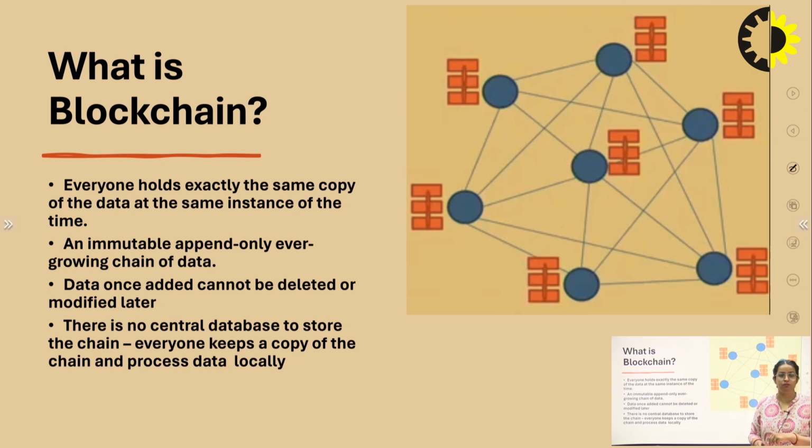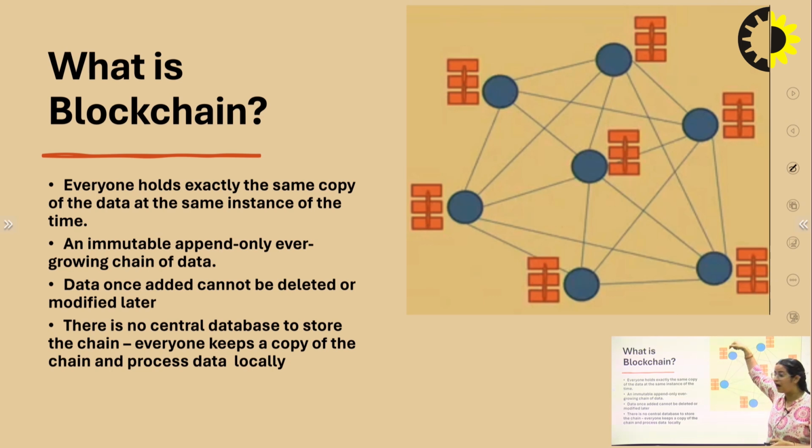Mutable means you can easily change the data. And if data were mutable, anyone could change the data, anyone could hack the data, anyone could do anything with it. But with the help of this immutable feature, our blockchain keeps the data safe.